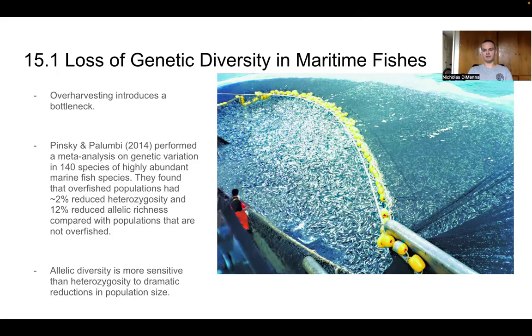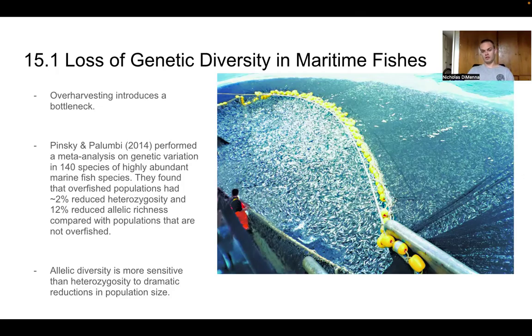In this study, 140 abundant maritime fish species were sampled, some of which were overharvested and some of which were not. Their genetics were compared, and the findings showed that overharvested fish populations showed a 2% decrease in heterozygosity and a 12% decrease in allelic richness.